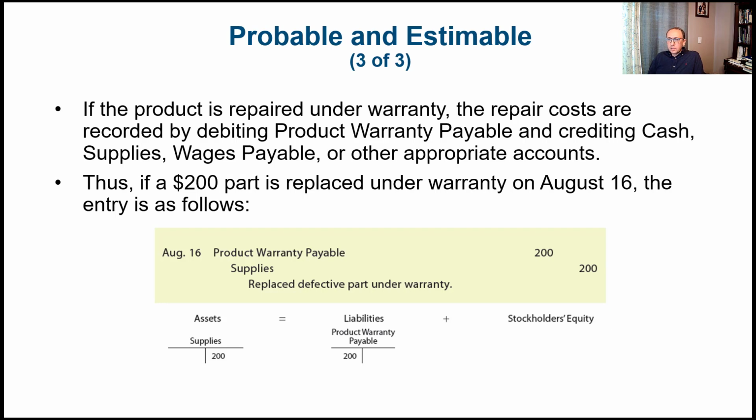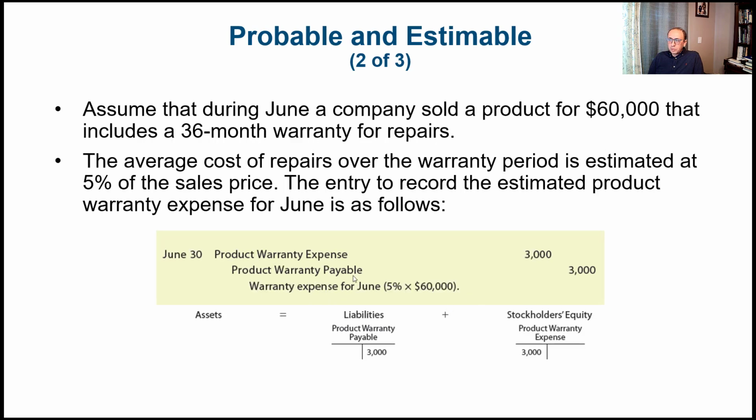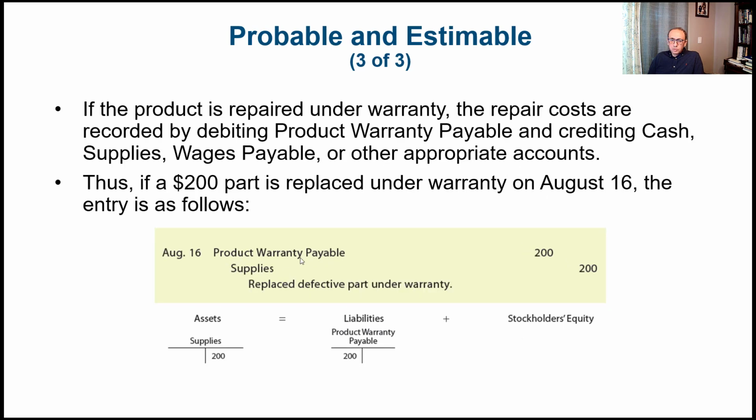In this case, we're debiting the product warranty payable, which, if I take you back to the previous journal entry, we credited when we recorded the warranty liability. Now we're debiting it, we're reducing this liability, and since we used some supplies, we credit supplies for the $200. We just assume that the repair needed only supplies, so we credited supplies and debited the product warranty payable.